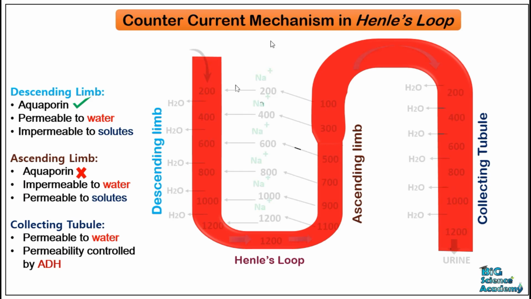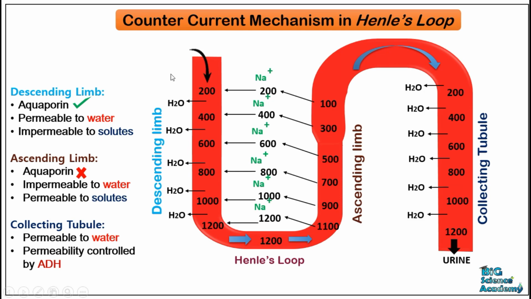Now we will discuss about the countercurrent mechanism. When filtrate enters into the descending limb of the loop of Henle, the concentration is about 200 osmoles per liter. As we all know, due to the presence of aquaporin protein, the descending limb is permeable to water.